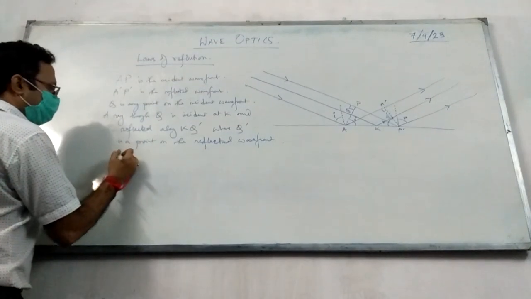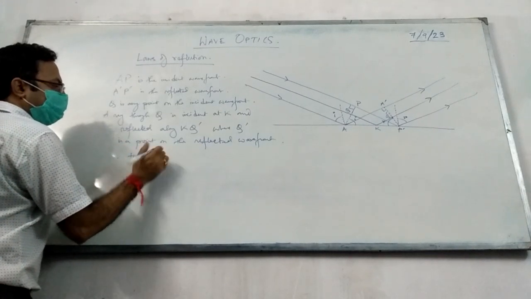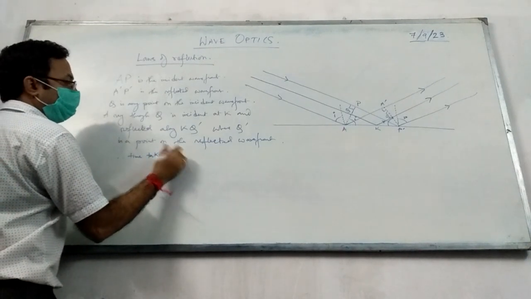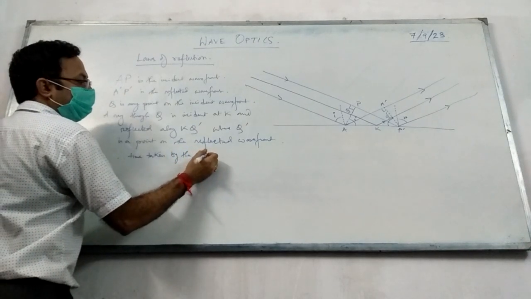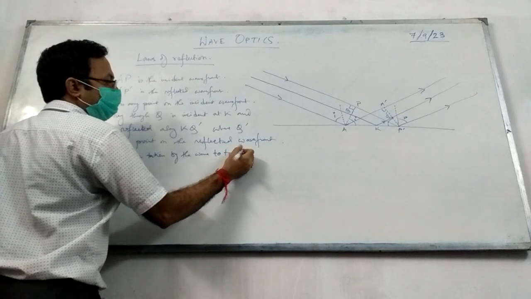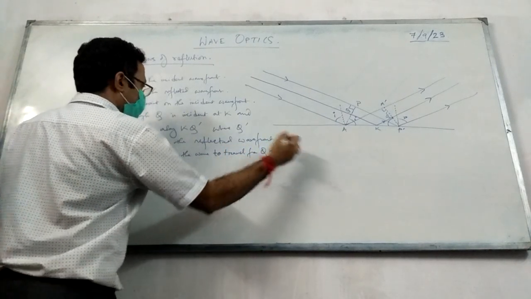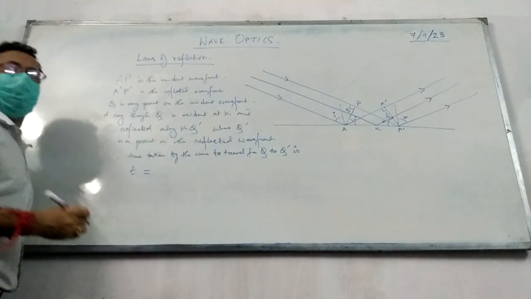Now listen. Therefore, time taken by the wave to travel from Q to Q dash is t equal to.